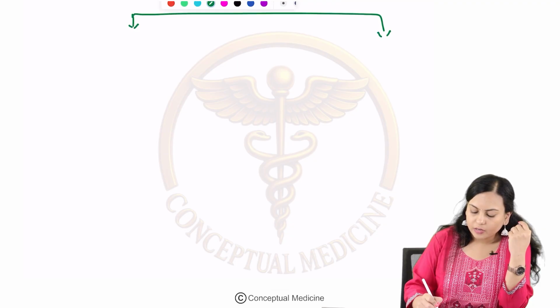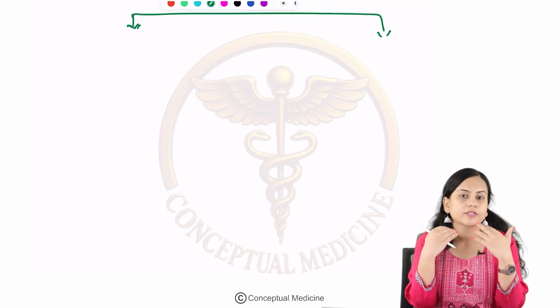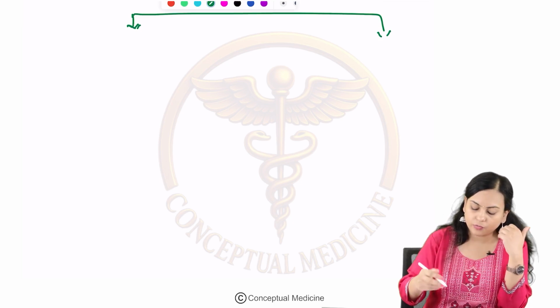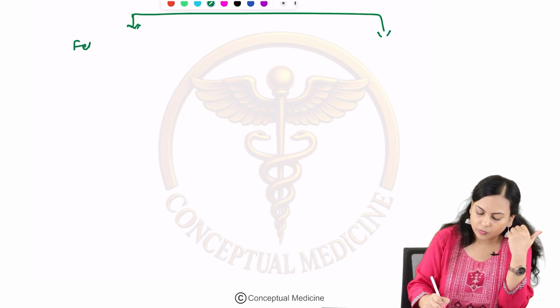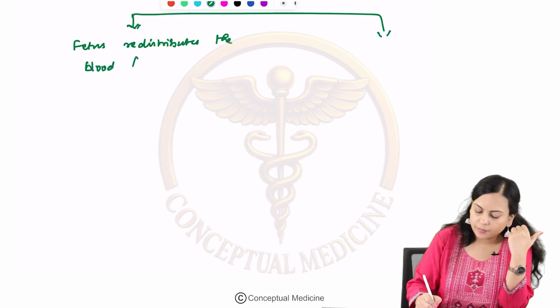One, when this is done, there is reduced amount of blood flow as well as nutrients to the baby, right? So, what does the fetus do now is, the fetus redistributes the blood flow between various organs.